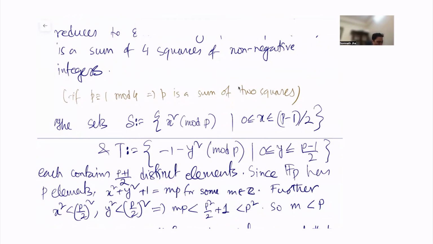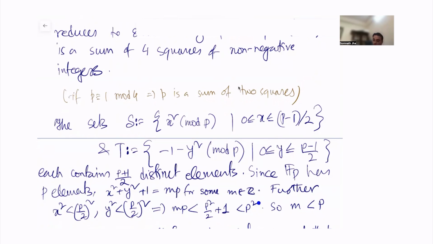So what is happening here is that x squared is less than (p/2) whole squared, and y squared is less than (p/2) whole squared. So m times p, which is x squared plus y squared plus 1, is less than p squared by 4 plus p squared by 4, which is p squared by 2 plus 1.